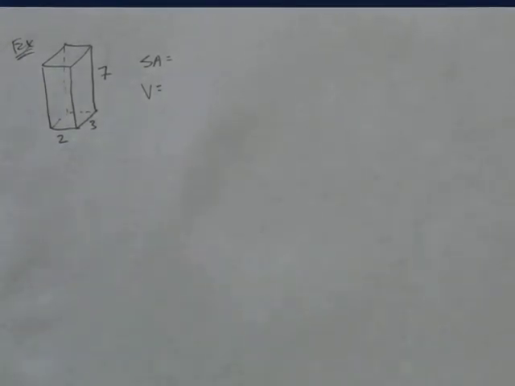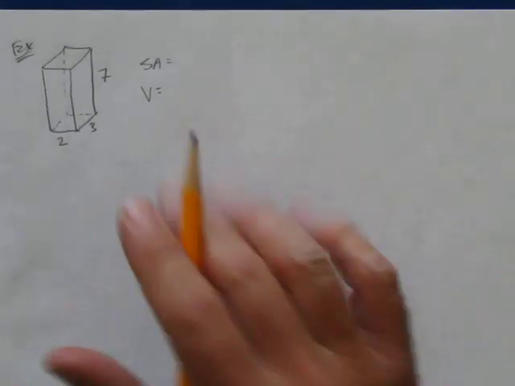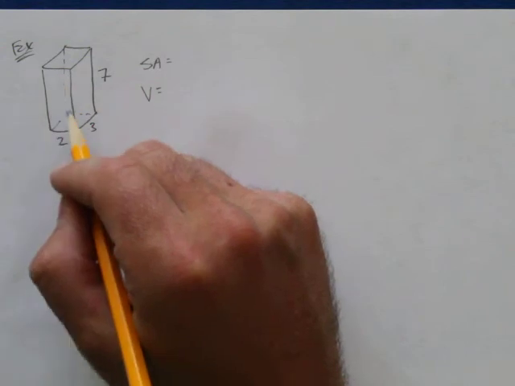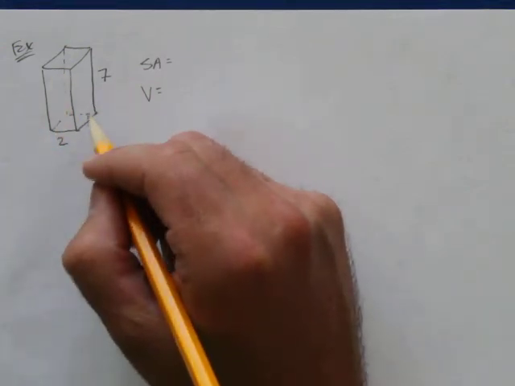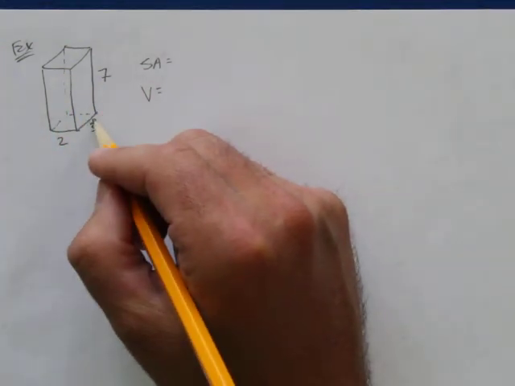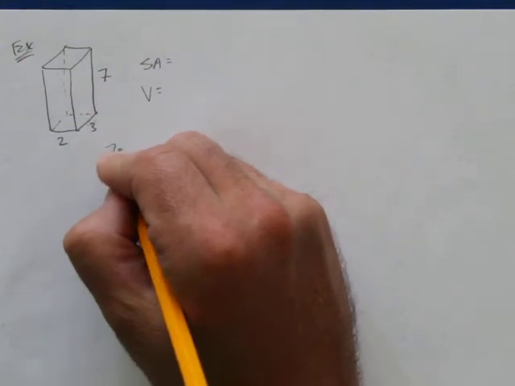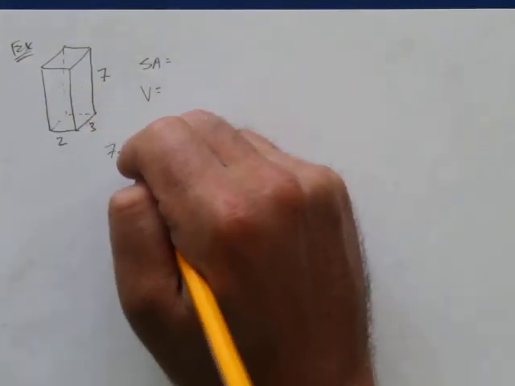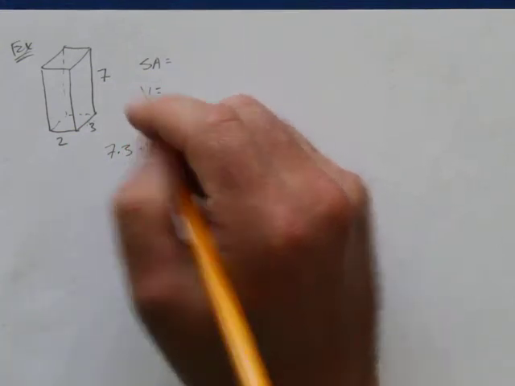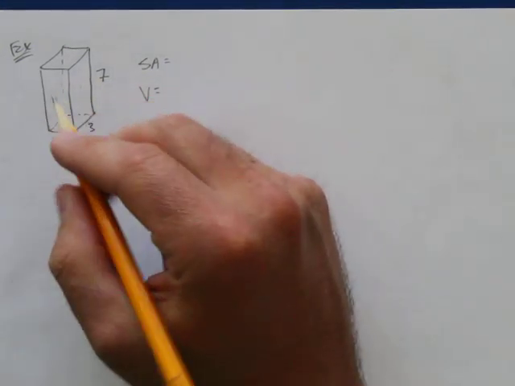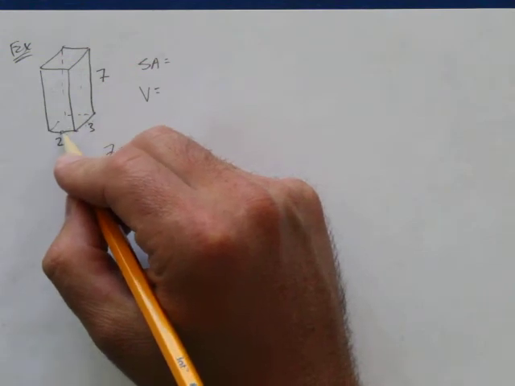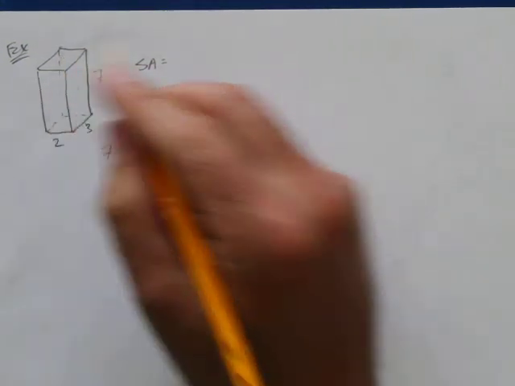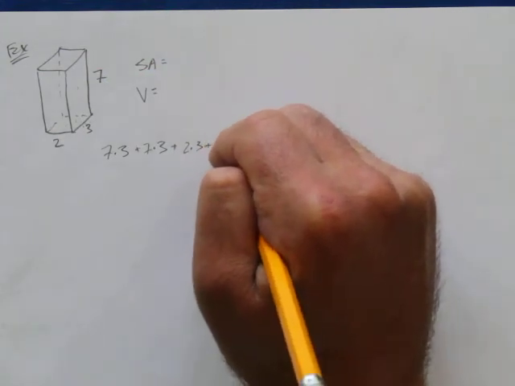And now let's do it together. The surface area is all of these sides added up. So I need this side, which is 7 times 3, and another 7 times 3 on the other side. Now I'm going to get this base here that's 2 times 3, and I need another one of those on the top, 2 times 3.